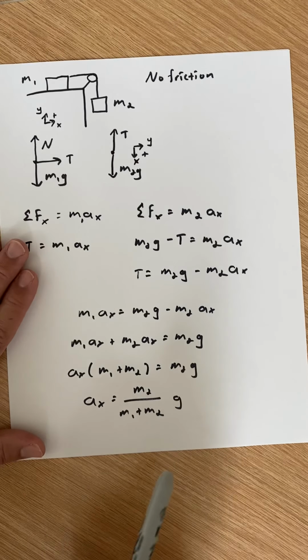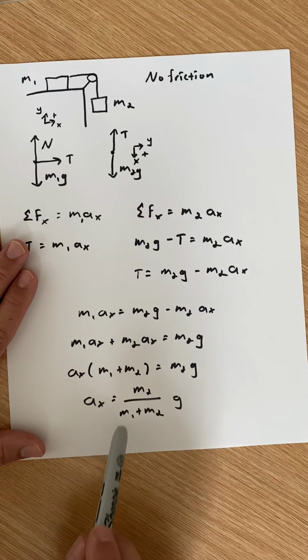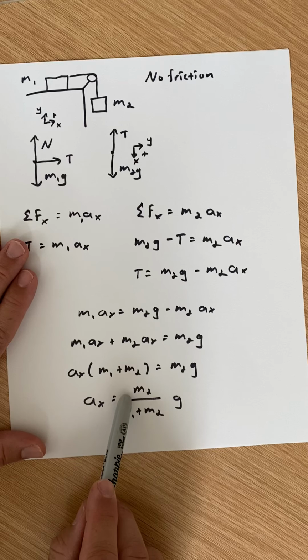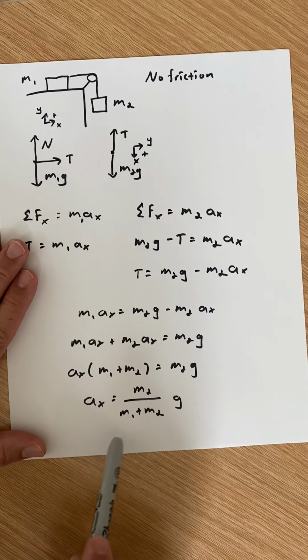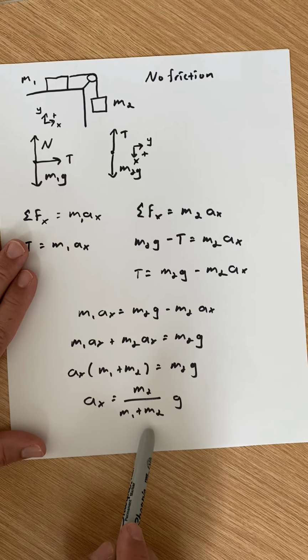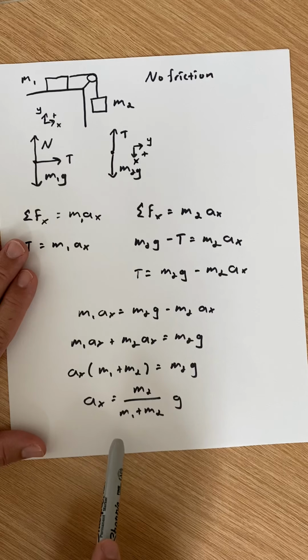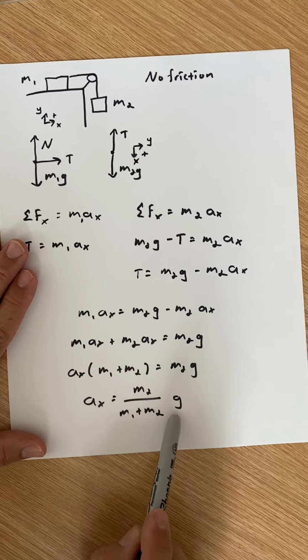How much less than g? Well, that depends on the masses. If m2 is really big, then m2 dominates in the denominator, m2 plus m1 is basically m2, and I get basically 1 out of this, and the acceleration approaches g.